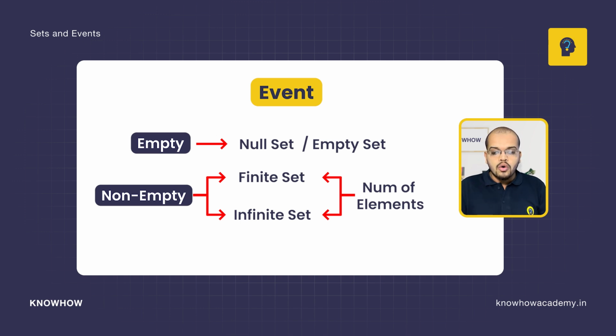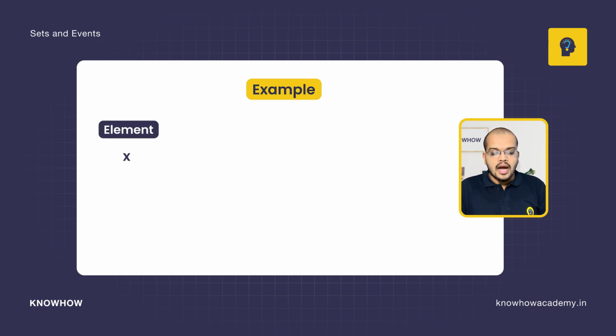Now, how should we represent this? For example, let us consider x as an element and A as a set. If you would like to relate them, we use this symbol.